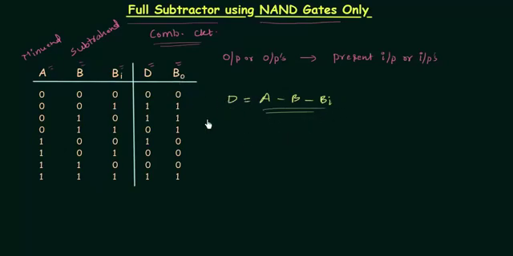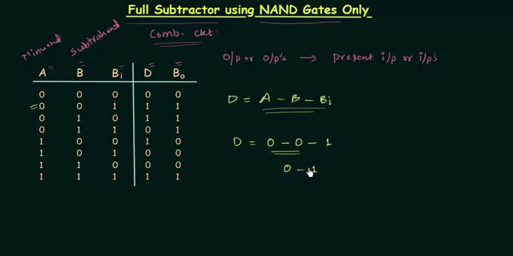Borrow output is equal to 1, or you can say high, whenever there is borrow involved. For example, in the second case, when A is equal to 0, B is equal to 0 and BI is equal to 1, we have difference equal to 0 minus 0 minus 1. 0 minus 0 is equal to 0.